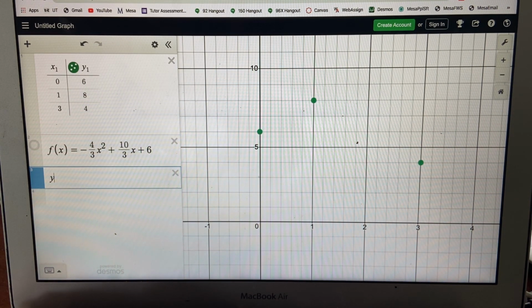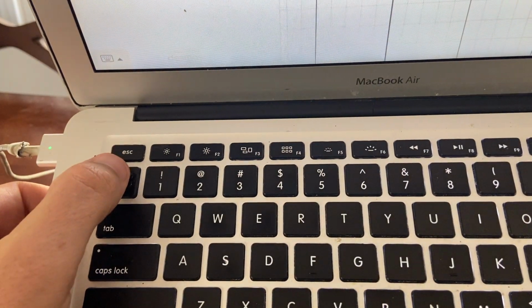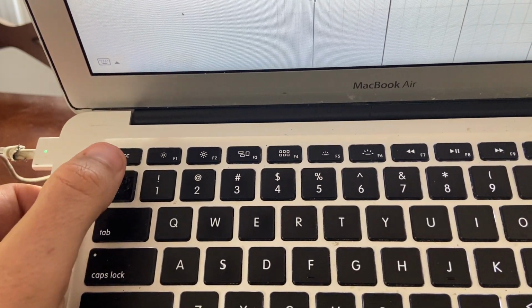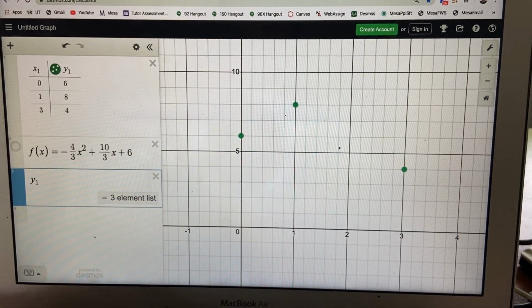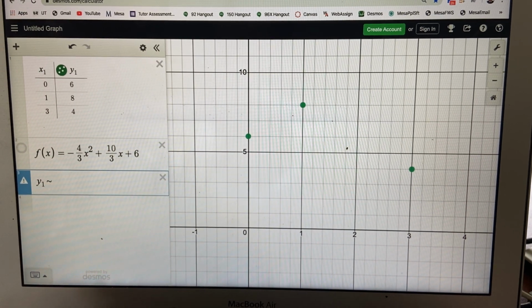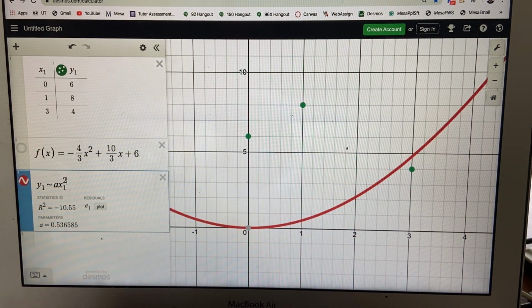So I'll say y1, and then you want to find this button and that little wavy symbol. So I'll go shift that button, and that little wavy symbol pops up. And what I'm going to do is write a x1 squared. So what that's doing is it's referencing this part of the data, x1.